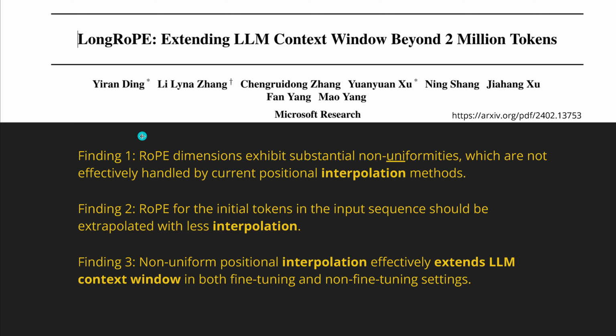They have 3 findings. They found that the rope dimension that I explained in part 1 of this video exhibits some substantial non-uniformities. So not all are equal, which is not the most effective way handled here for the interpolation. And you might say, yeah, that sounds logical. And they say, hey, we found in our experiment that rope for the initial tokens, at the very beginning of the input sequence, should be extrapolated with less interpolation.